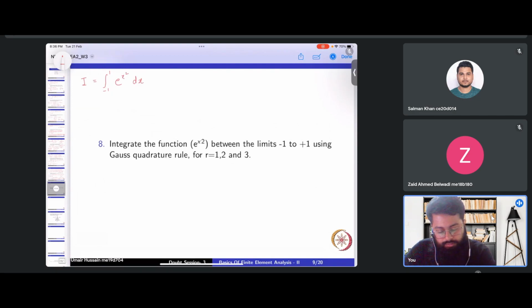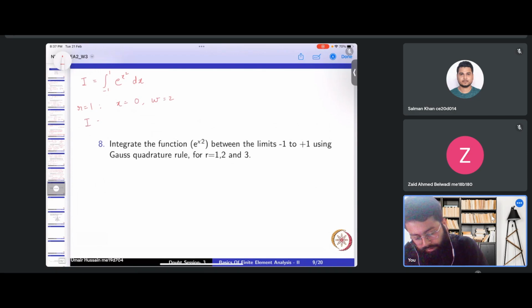And I think it's not very easy to calculate this integral analytically. So again, we'll start with r equals to 1. We have x equals to 0 and weight equals to 2.